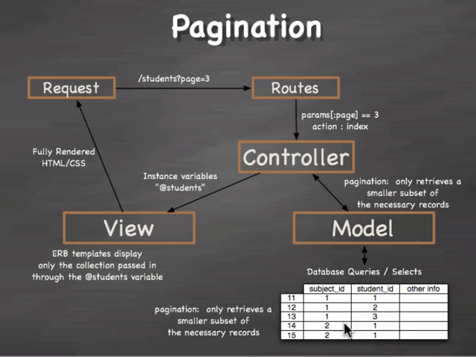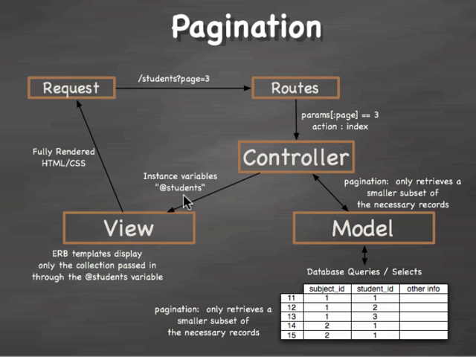So only 5 records are selected in the model and sent back to the controller, which once again populates our students instance variable with only those 5 records. So that collection is significantly smaller, and I've made a smaller database query, so there's less information coming back from the database.